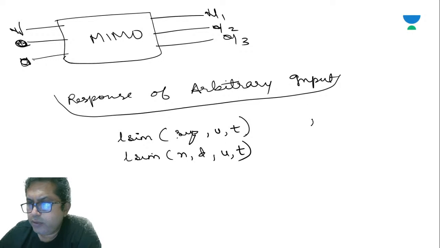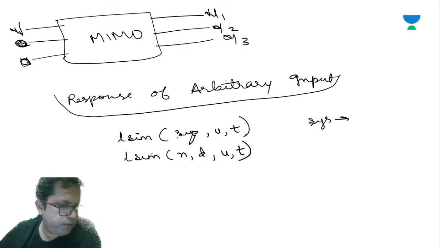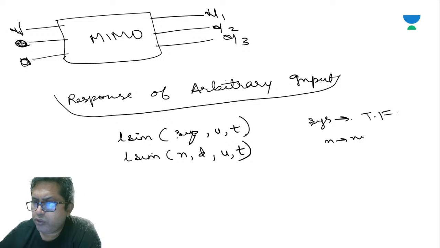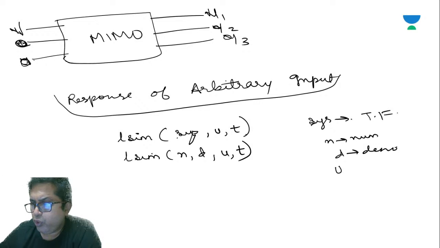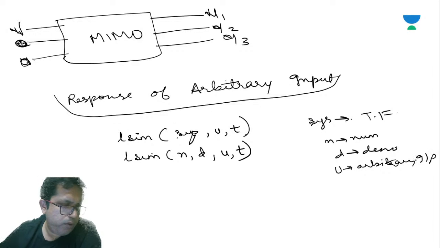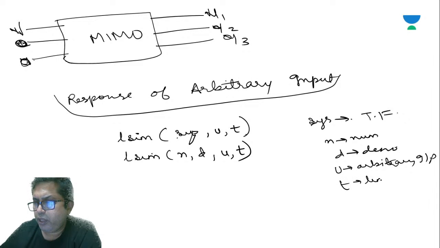This is the transfer function. N is the numerator, D is the denominator. U is the arbitrary input. T is the time vector.